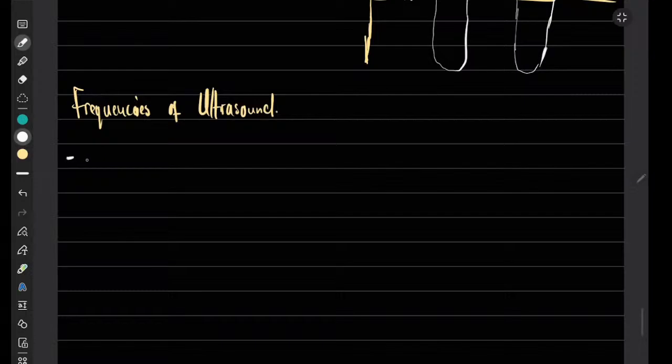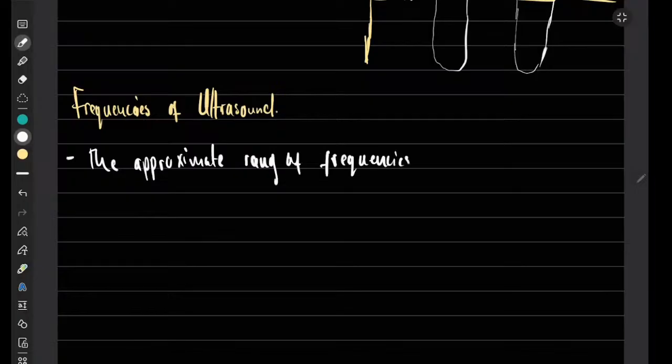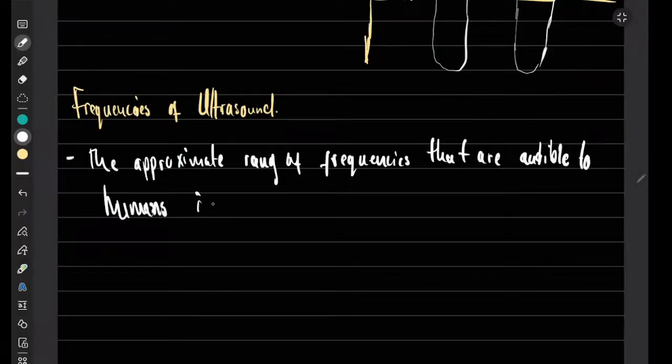So write down the approximate range of frequencies that are audible to humans: 20 hertz to 20 kilohertz.